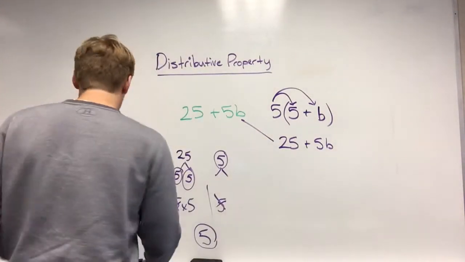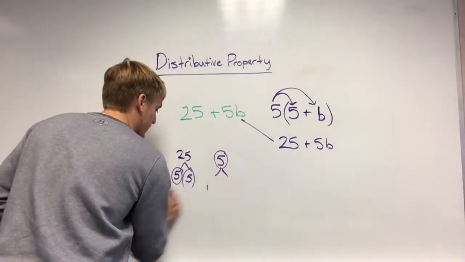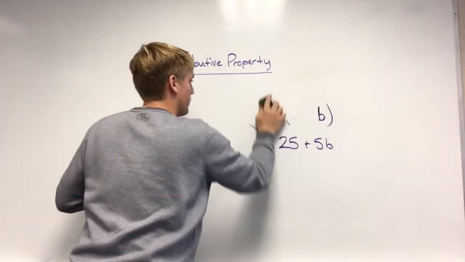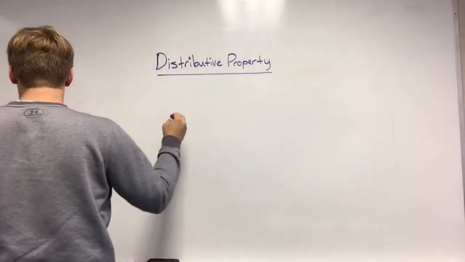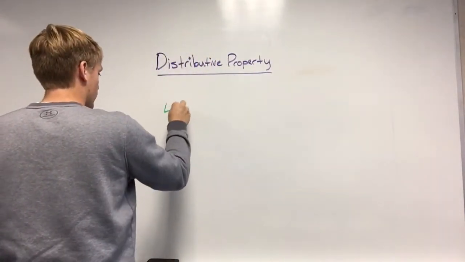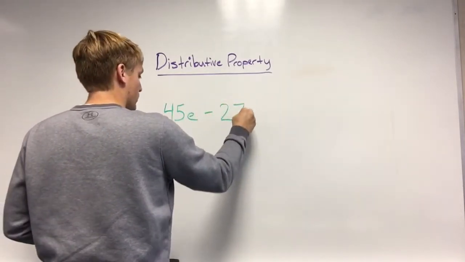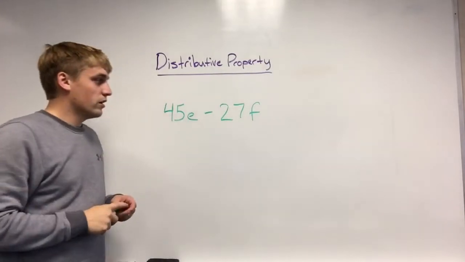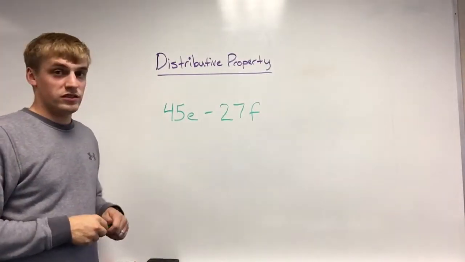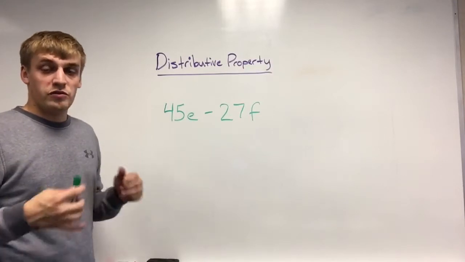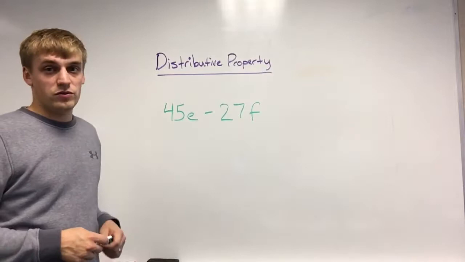Let's try one more of those. So you look at the whole numbers in this expression and you have to figure out what the greatest common factor is. Well, I don't know the greatest common factor between 45 and 27.